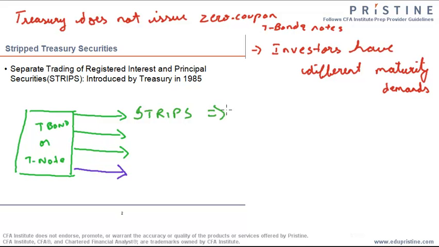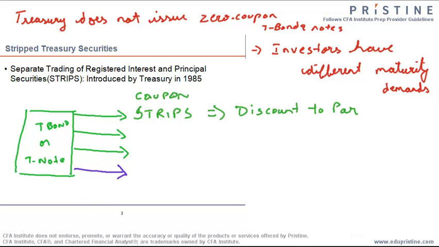And this strip was sold at a discount to the par value, and then at the end the investor would get the par value or the principal amount, so he would gain an implicit interest, right? So like this, for every cash flow they created a security, and if the cash flow that they used for creating the security was the coupon payment, then the security was called a coupon strip, right?